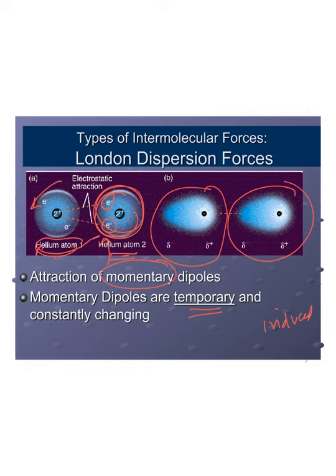And so because of this, there would be a very weak intermolecular attraction between the negative end of helium atom number 2 and the positive end of helium atom number 1. And that is called a London dispersion force, or sometimes just a dispersion force for short.